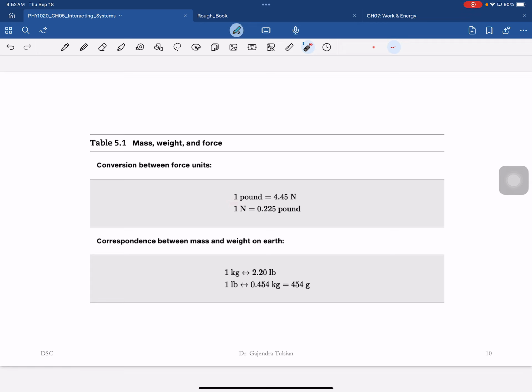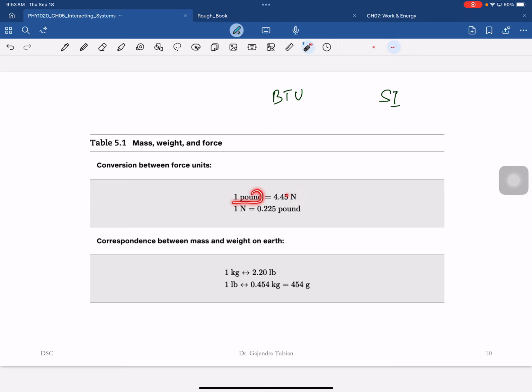There are 2 systems of units that are commonly used here: the British system and the SI system. In the SI system, weight is measured in newtons, after Mr. Newton, and in the British system, weight is measured in pounds.